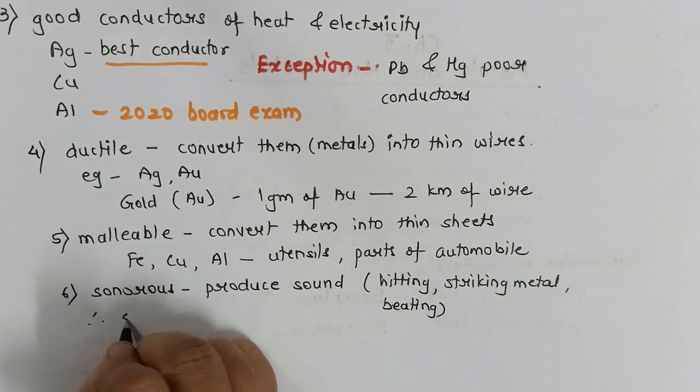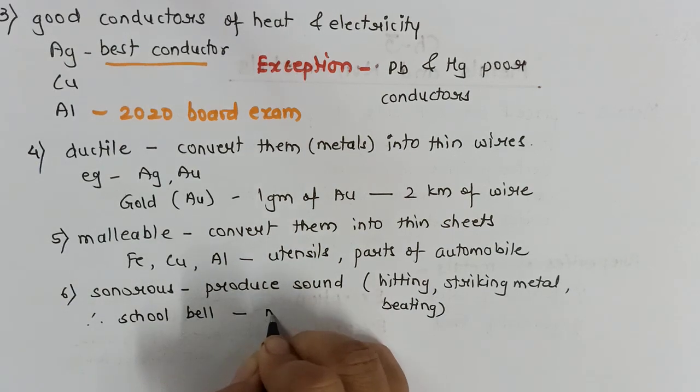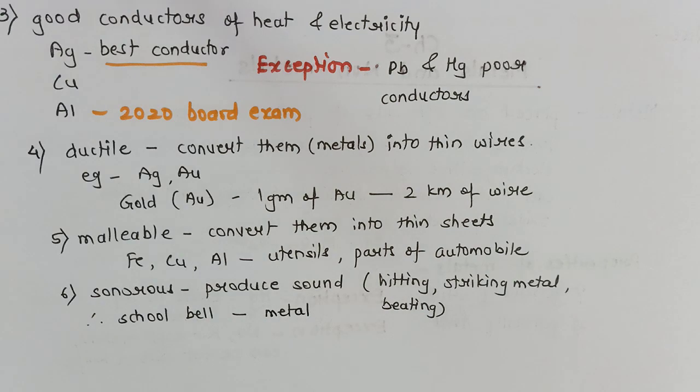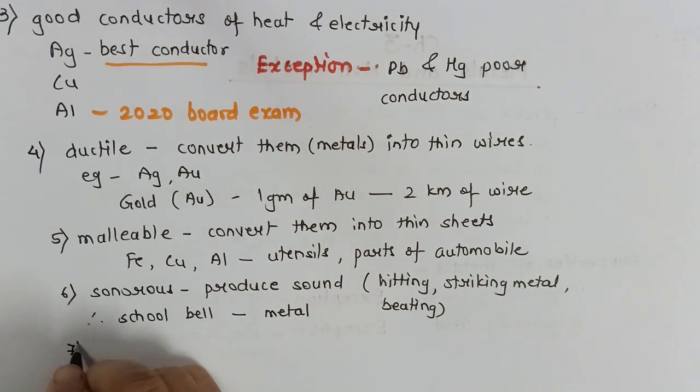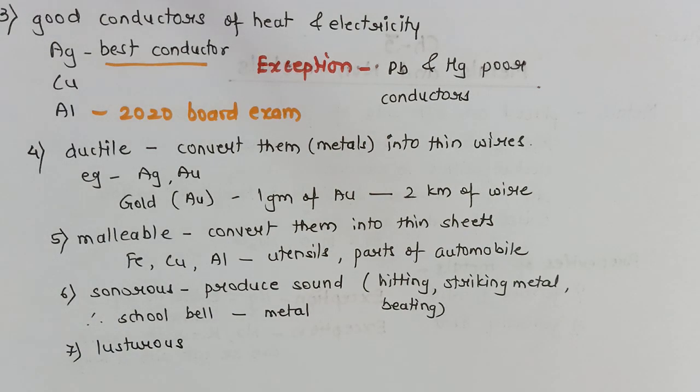And therefore the school bell is made of metal, since it produces a sound. Metals are lustrous. You must have seen a new utensil brought home. It is so shiny. Even a new metallic box purchased from the market will be lustrous in nature.